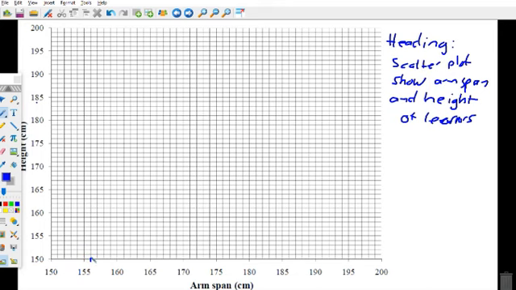And then we're going to go up. What's the height? It's 162. So there's 160, 1, 2. There it is. So that there is my first dot. All right, do you understand? Okay, so then we're going to go with the next one.